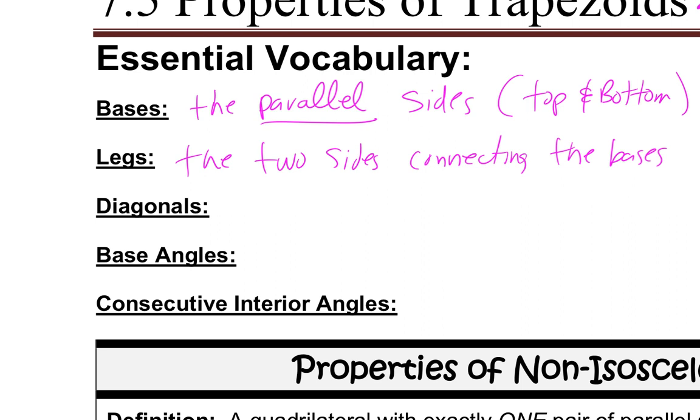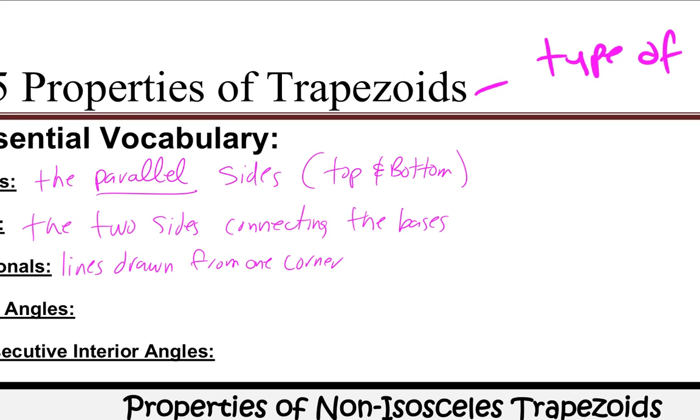Then a diagonal. We kind of know what a diagonal means. We talked about it before, and so diagonals are the lines drawn from one corner across to the other corner.